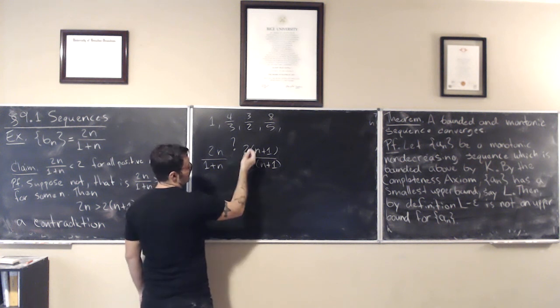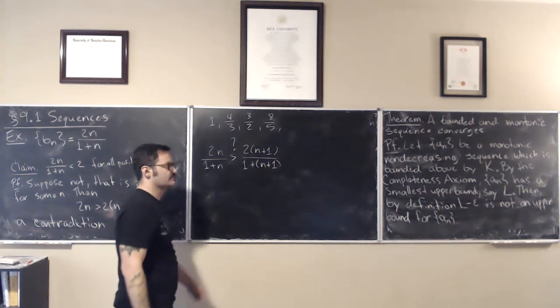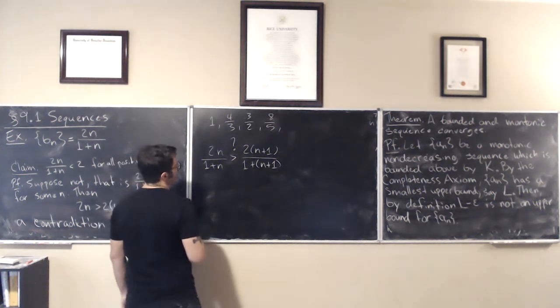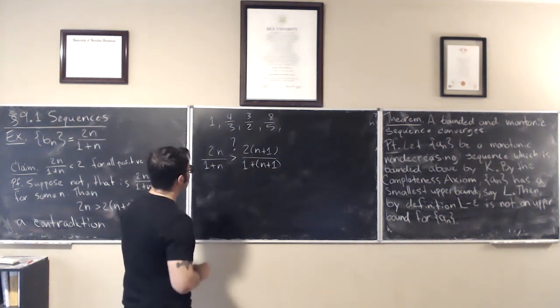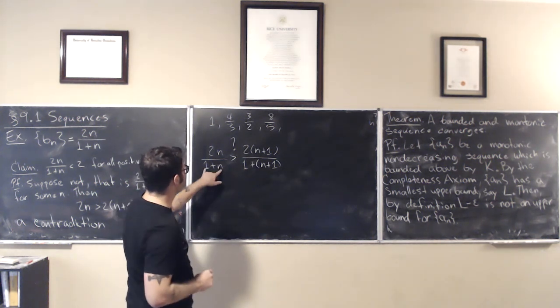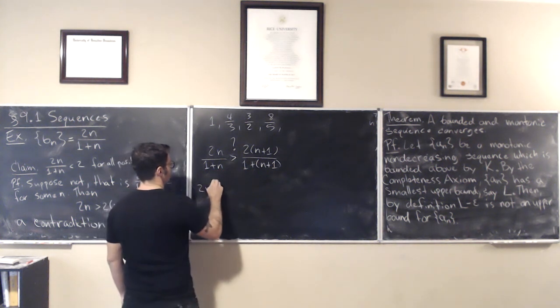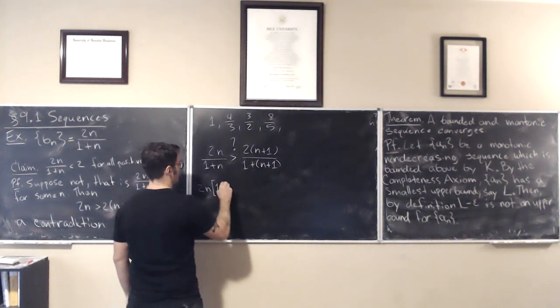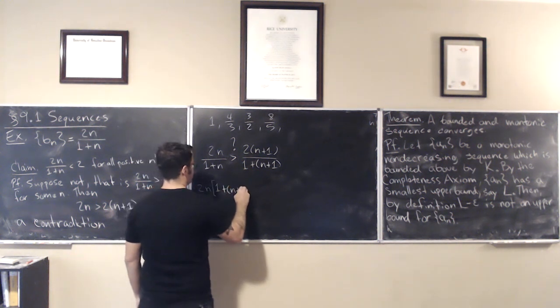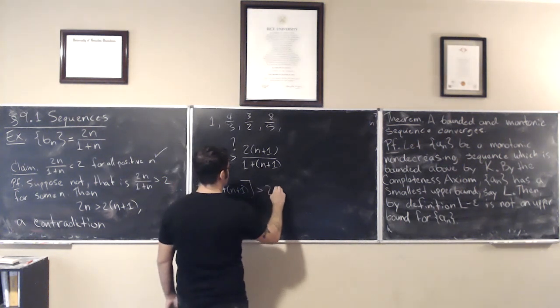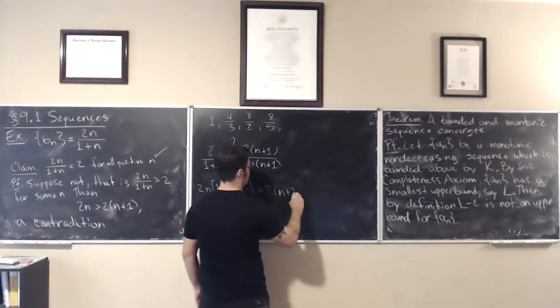Suppose that for some n it's not monotone. Then if we multiply both sides, we get 2n times 1 plus n plus 1 greater than 2n plus 1 squared.